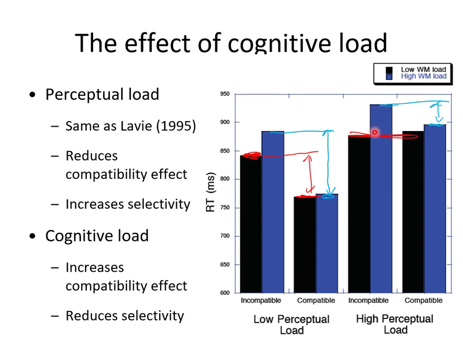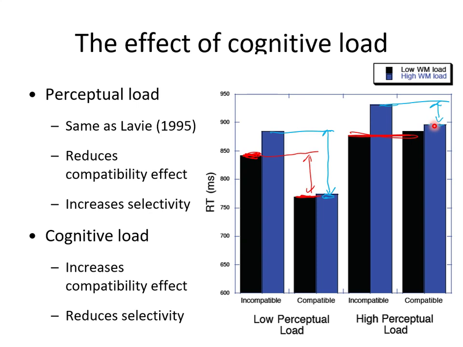So when you compare between high and low working memory load condition, which one has a larger compatibility effect? High. So is it the same for the two? Yes, they're the same. So the big picture is the same. High working memory load condition is associated with a larger compatibility effect.